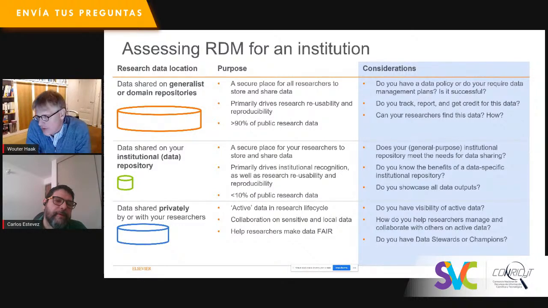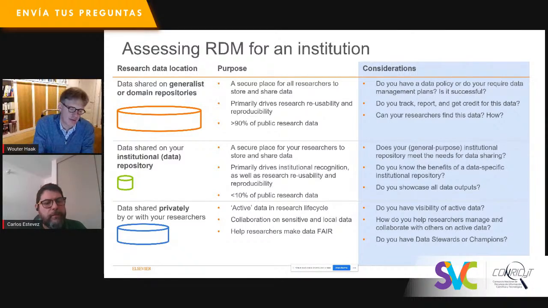Citations are a difficult metric on data, because citations are, as I said, typically in most cases going to the article. What we do measure is dataset views and dataset downloads, which are an indicator of interest.